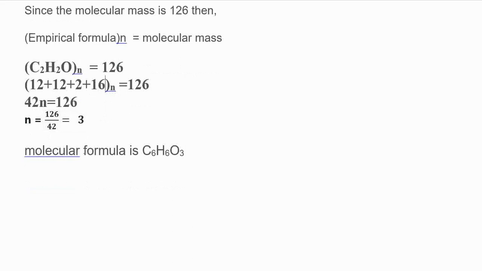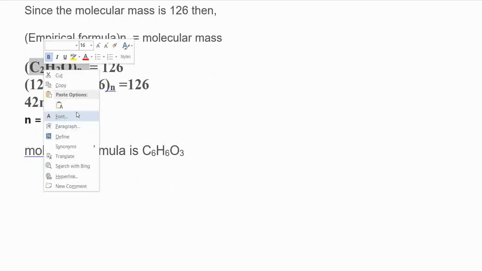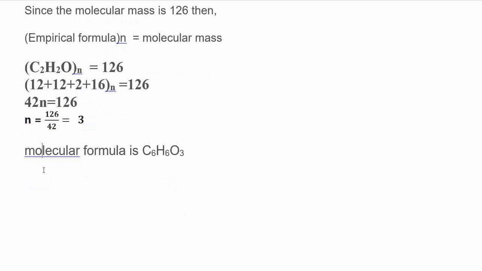Therefore, the molecular formula of this organic compound is C6H6O3. How did I obtain that? You take this compound here, and instead of N there, you put a 3. Once you have 3, you multiply everything inside the bracket by this 3.